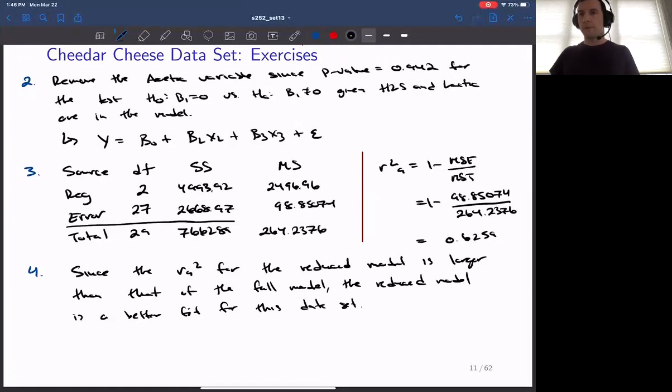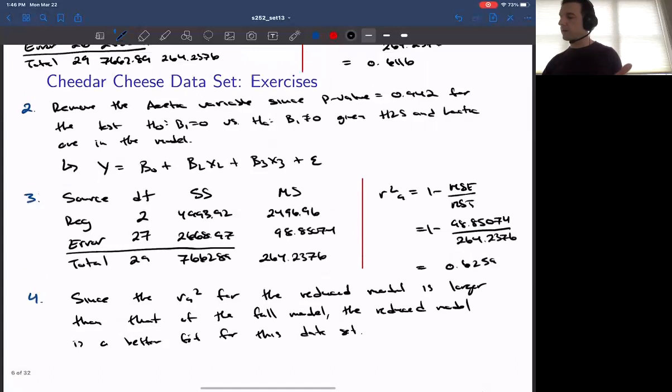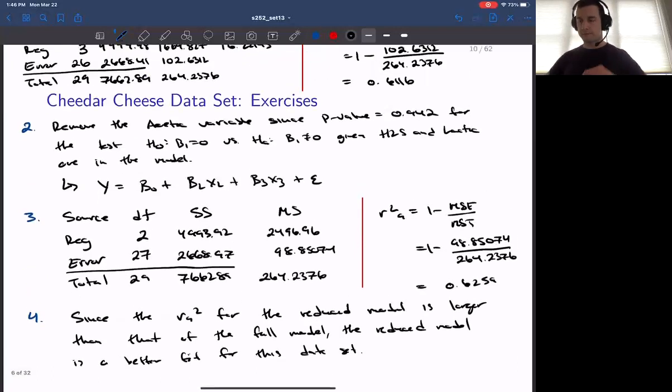Okay, now, with that being said, when we are comparing the adjusted R-squared values, this isn't a formal hypothesis test. So we're just comparing two numbers to one another and we're saying this one is higher, which implies that this model is better.